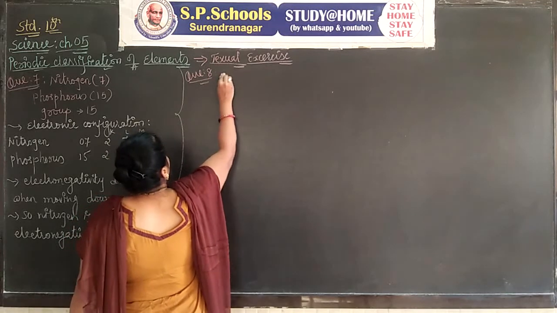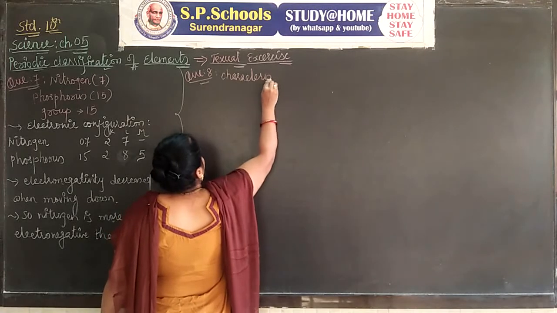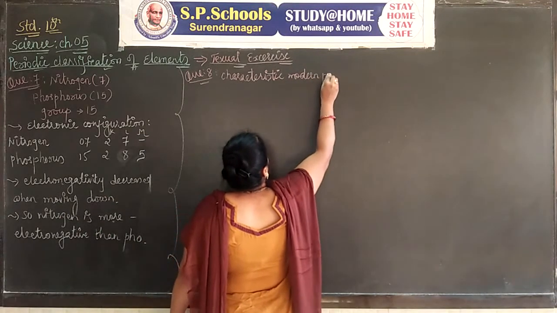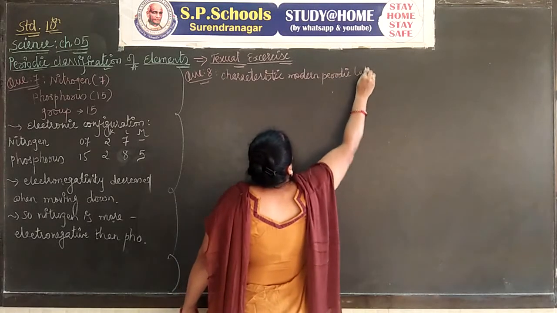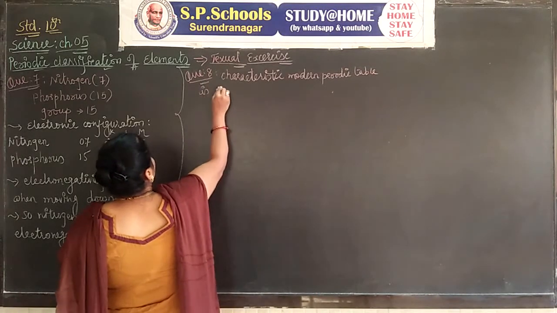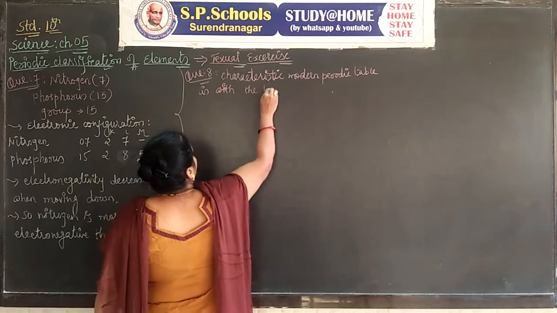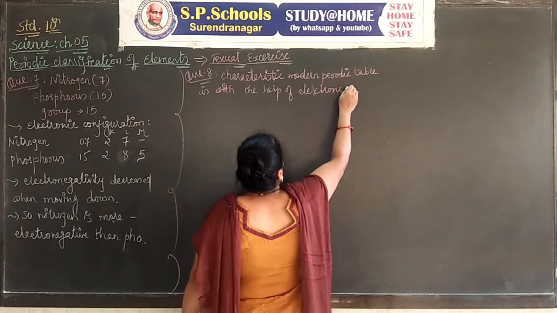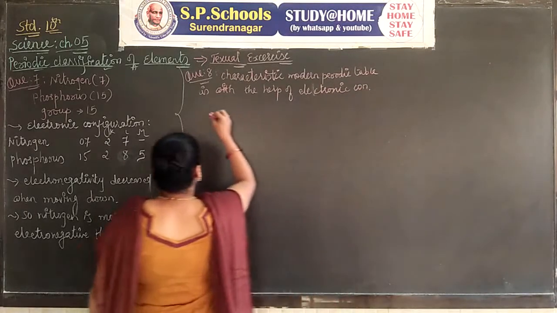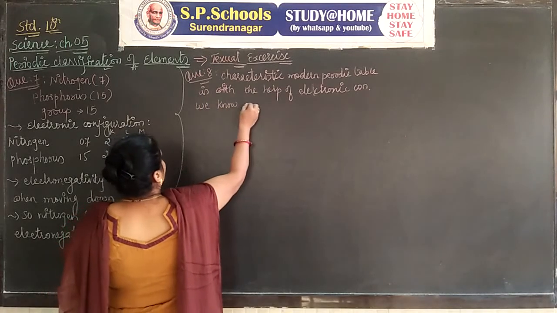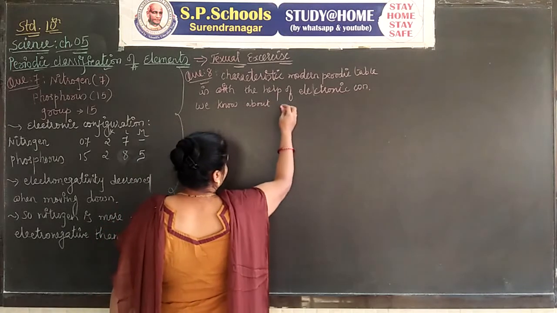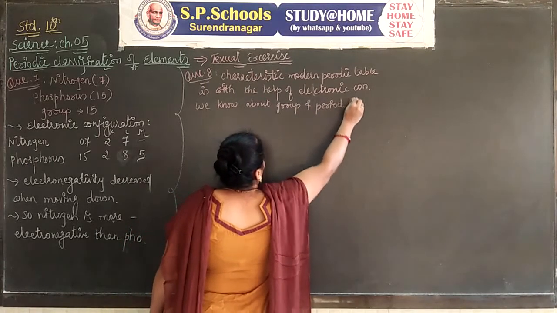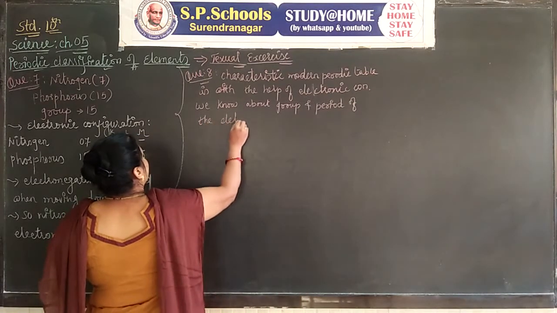We already know the characteristic of modern periodic table is, with the help of electronic configuration, we give the information about group and period of the element.